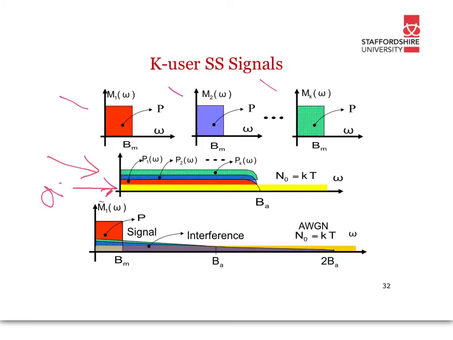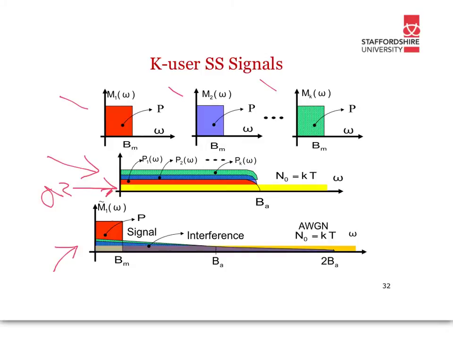or sigma squared, which is N0 B, and then we despread our actual signal with code 1.